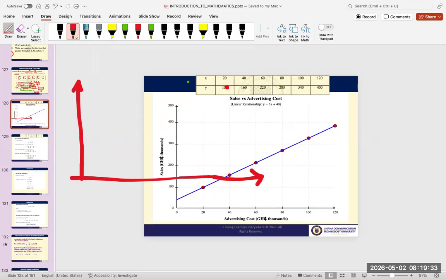Then you look at the smallest value of x, which is 20, and then look for the highest value, which is 120.